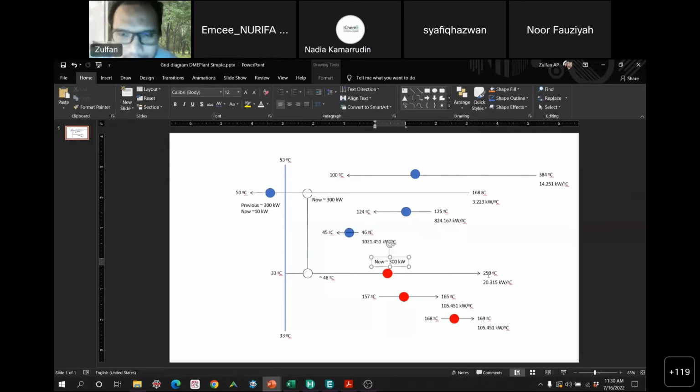It's about 220 degrees C, roughly 200 degrees C, and then multiply by this. 200 times 200 is about 4 megawatts or something. So it was about 4.4, say 4.4 megawatts, and then minus 300 kilowatts already, because we are now removing the 300 from here to there. So we see already a reduction of energy for the fired heater.